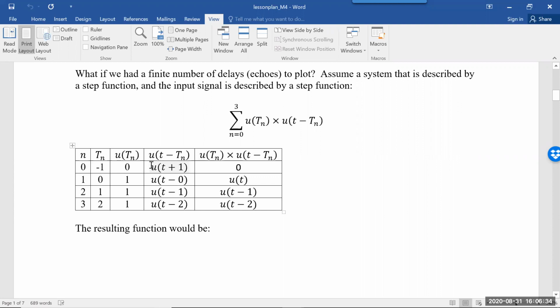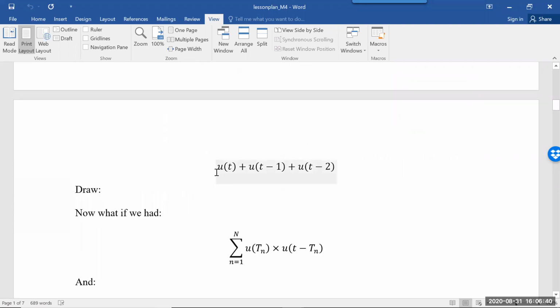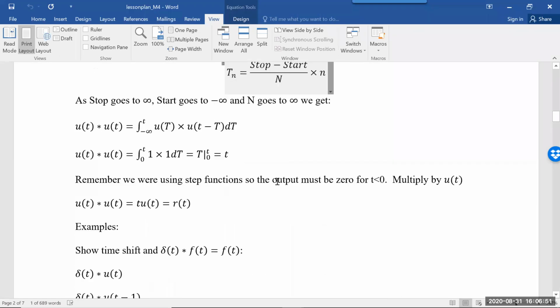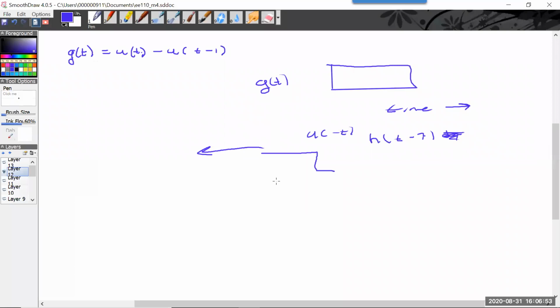Then I multiply them together. That's what I get, and ultimately I get the sum of these things.